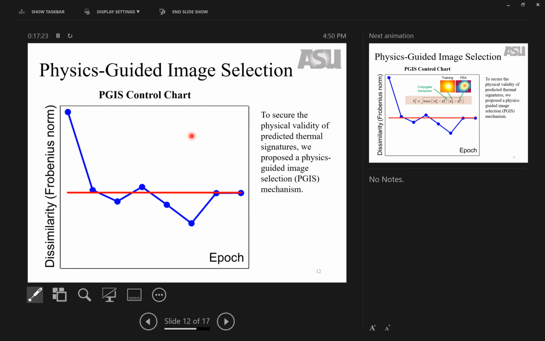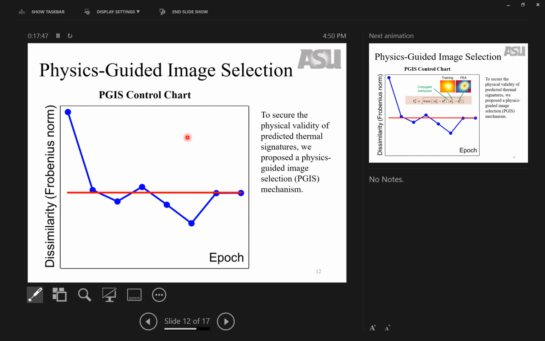It is possible that the thermal signatures are not that valid, right? So consider that we have some existing physical resources, say a finite element model built for the LMD application previously. Why not use those physical resources as a benchmark to calibrate our thermal signature prediction from LMBCG? That would be good, right?